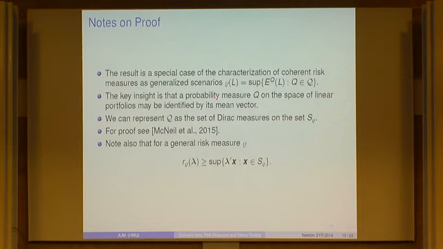What you see with a little bit of examination is that when you're working on this set of linear portfolios, every probability measure can be identified by the mean vector of x under that measure. So you can represent the set of measures as the set of Dirac measures on this set. And so that's what happens.